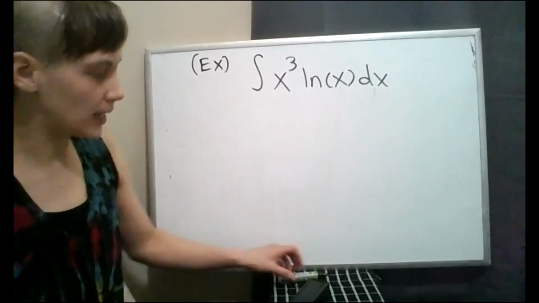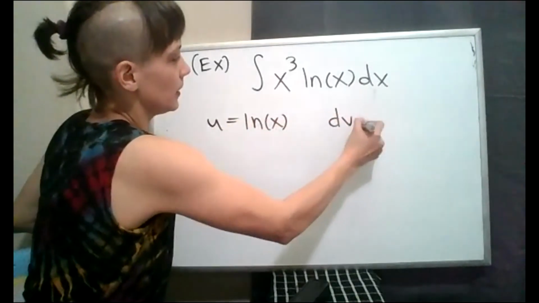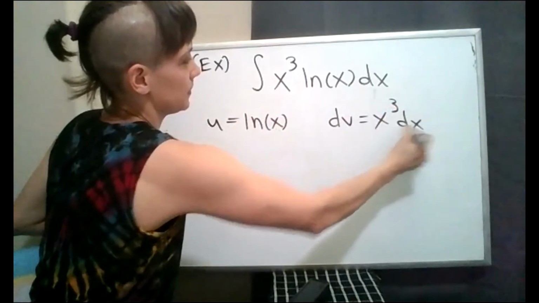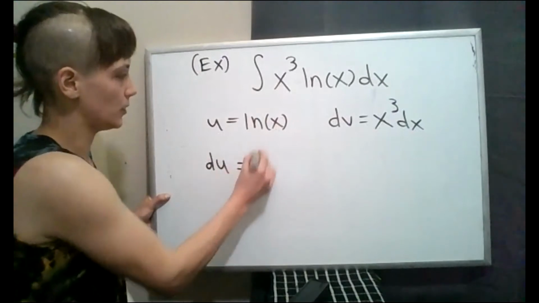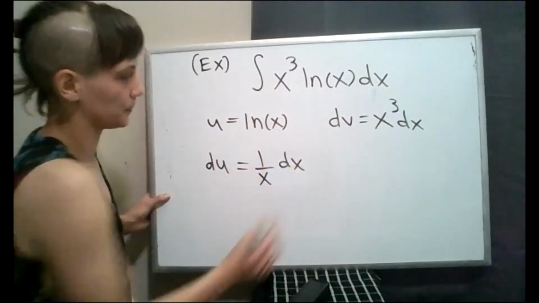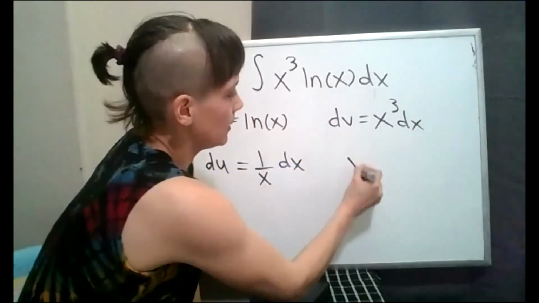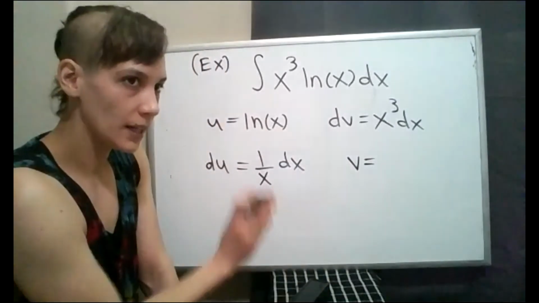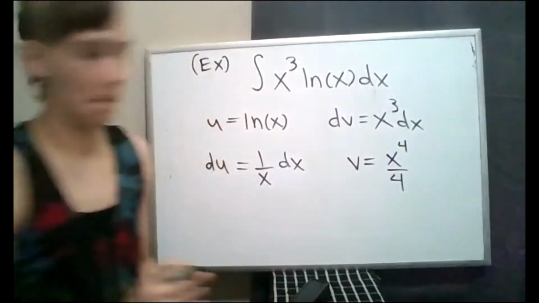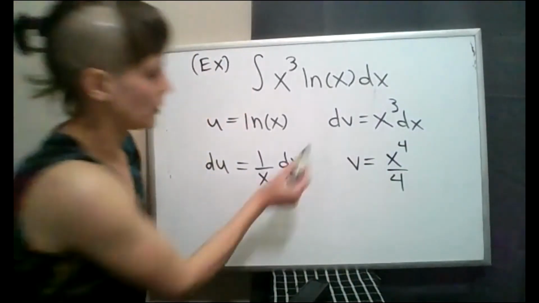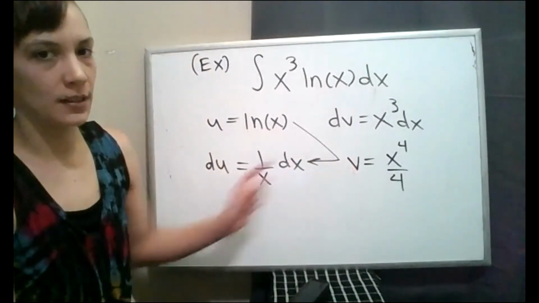So we're going to let u equal ln of x. dv is x cubed dx. This side you do a derivative. du is equal to 1 over x times dx. This side is an integral. v is x to the 4th over 4. u times v minus the integral of v du.